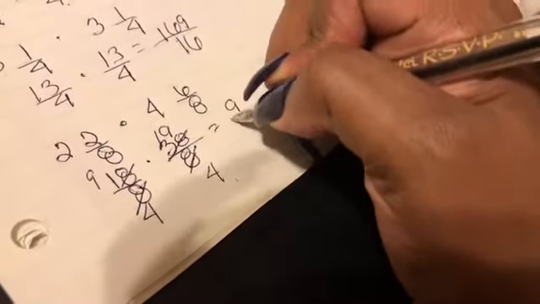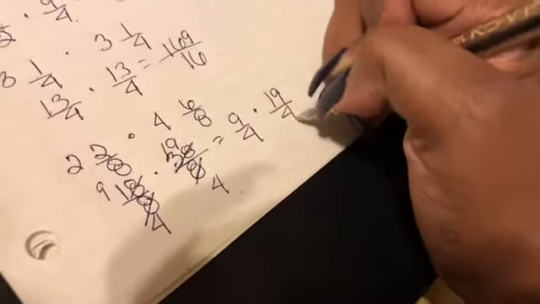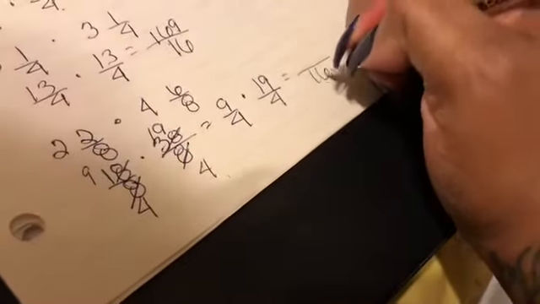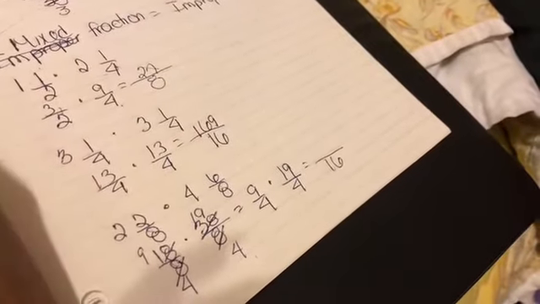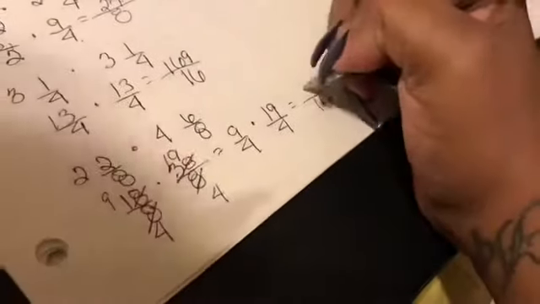And 2 divided by 38 is 19. So your new problem is 9 over 4 times 19 over 4. You know your denominator is going to be 16. 9 times 19 is 171.